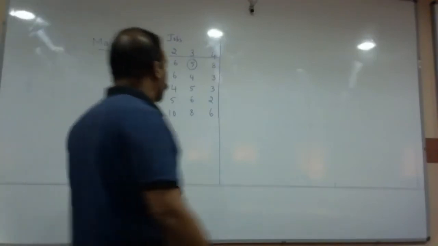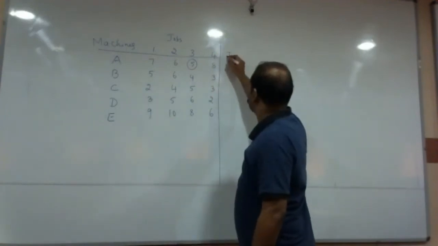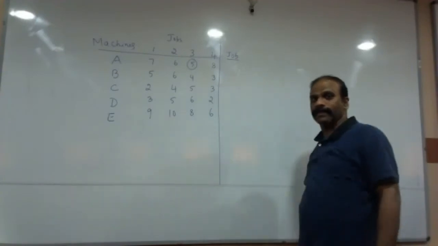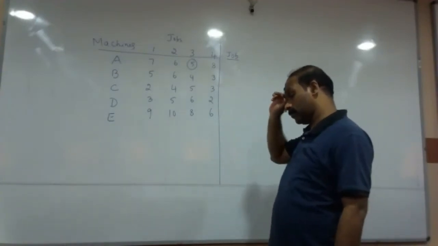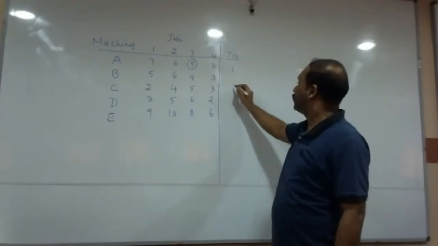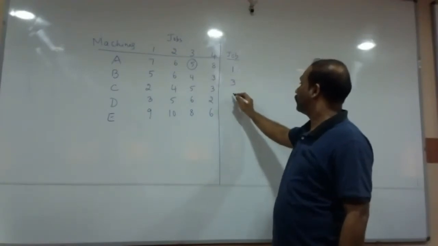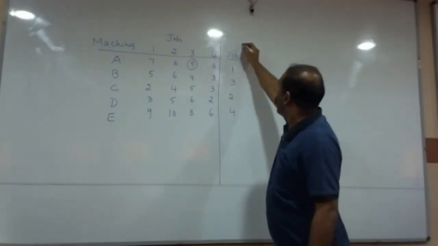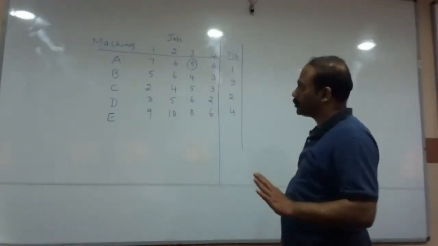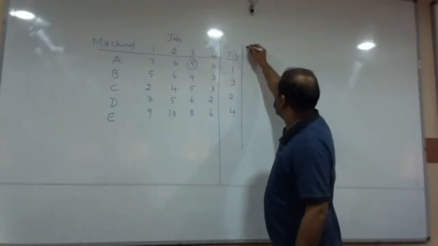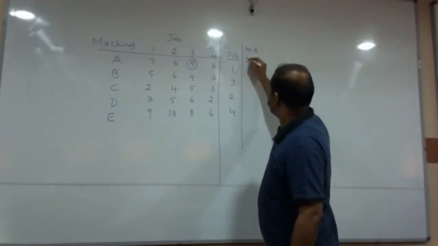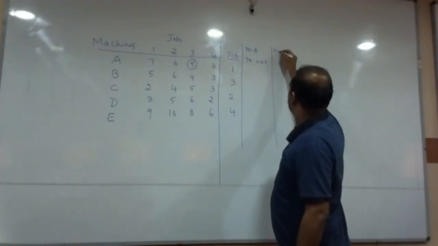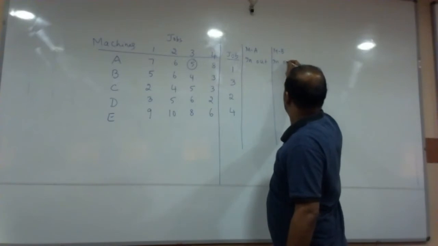So as usual, the first column will be jobs. Can one of you please tell me the order? 1, 3, 2, 4. As usual, how many machines do we have? 5 machines are there. So I'm writing machine A, in, out. Machine B, in, out.